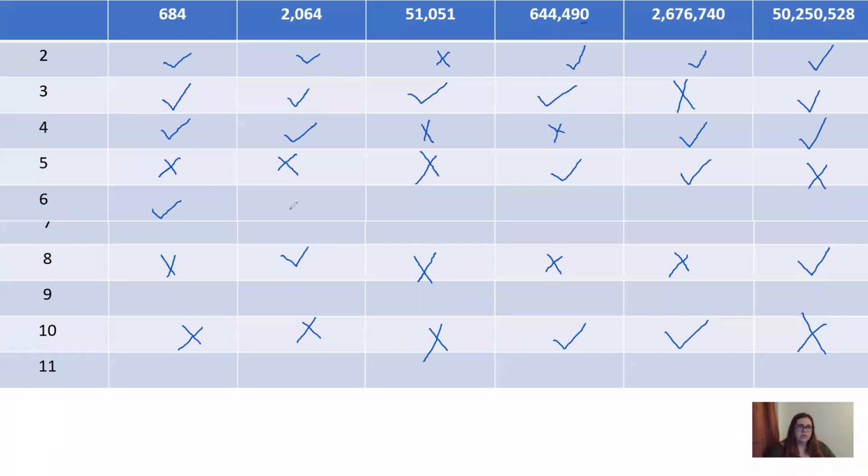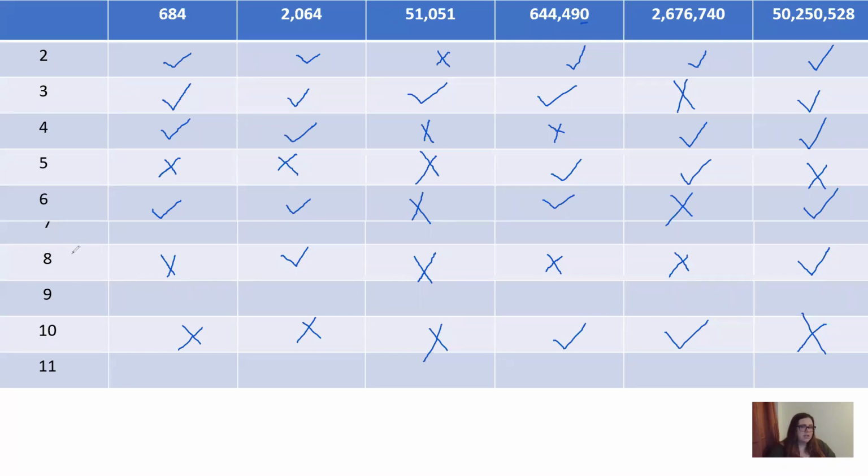Again, with this number, yes. Now 51,051 was not divisible by 2. So no. This number was divisible by both 2 and 3. This one was not divisible by 3. So no. And this last number is divisible by both 2 and 3, so yes.